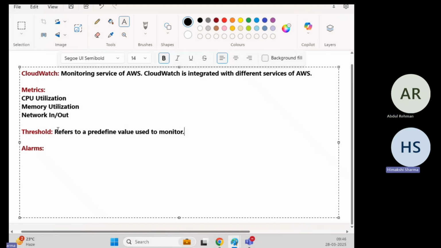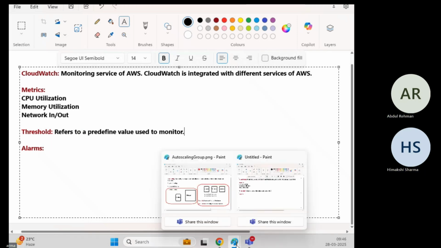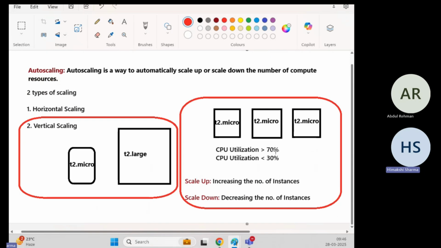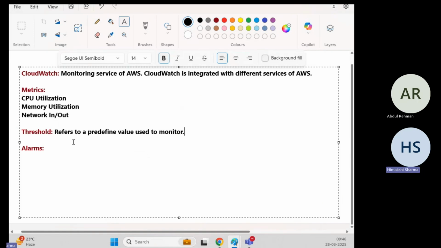For example, with CPU utilization, if it goes more than 70%, then 70% is your threshold for scale up. If it goes less than 30%, then 30% is also a threshold for scale down, right? So threshold refers to a predefined value which is used to monitor.